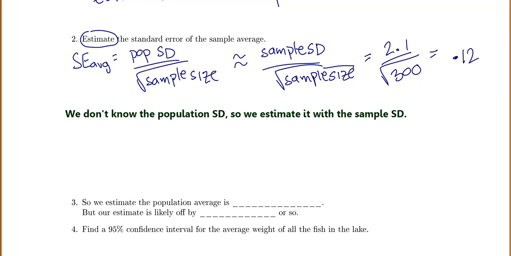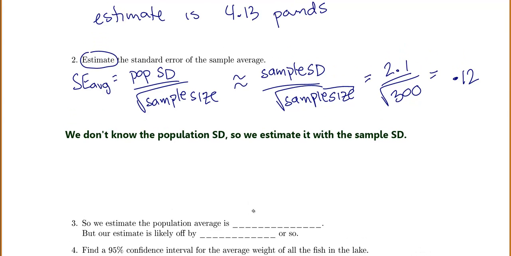So for number 3, we estimate the population average is about 4.13 pounds. But our estimate is likely off by about 0.12 pounds or so. Because our estimate is 4.13 pounds, but we know we're likely to be off by a bit. We're likely to be off by about 1 standard error, so about 0.12 pounds.